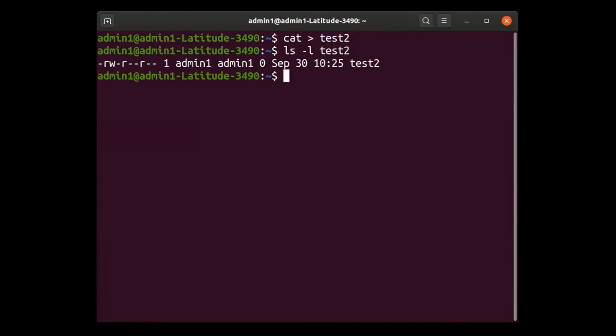They are not the permissions when you create a file. You look at the permissions of test2. It is actually 644. So the 666 is not the permissions that you see when a new file is created. It has its different meaning. So just make a note.